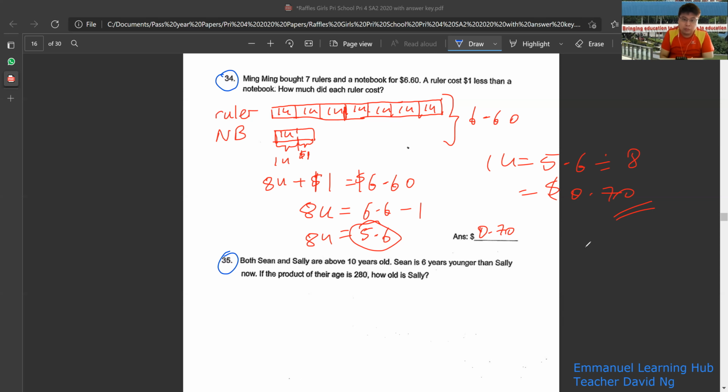Because notebook is $1 more than the ruler. And 7 rulers and 1 notebook is 660. So the notebook, instead of seeing it as a notebook, is actually 1 ruler and $1. Therefore, it's 8 units and $1. Understand? Yes.